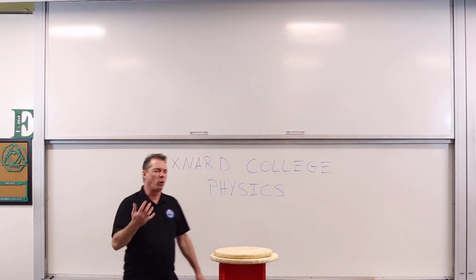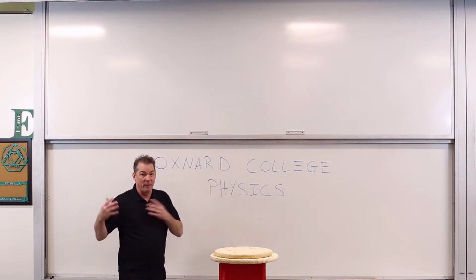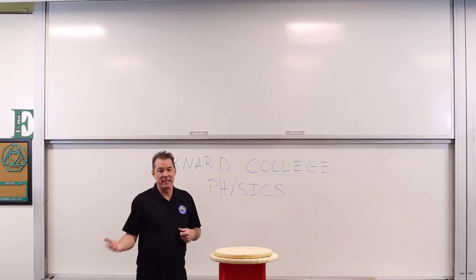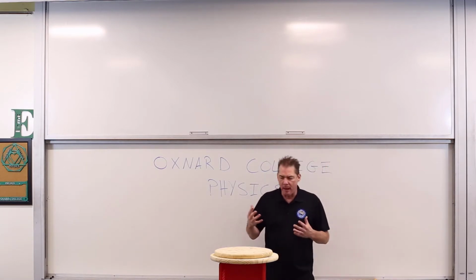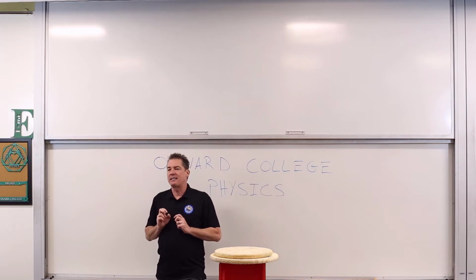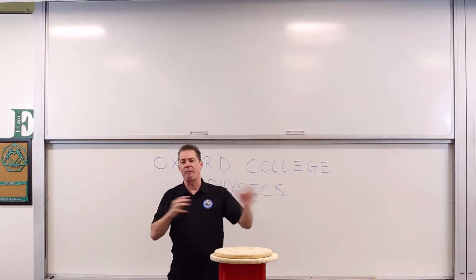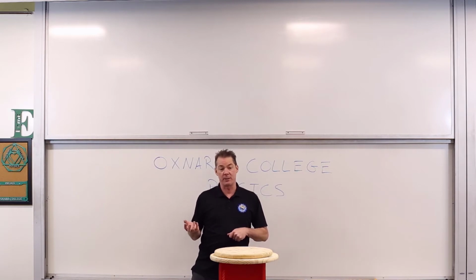Center of mass is ultimately like an average value of the position of an object weighted by its mass. That sounds a little confusing, but ultimately it's a matter of breaking an object into individual mass elements and saying what is the position of the average of all those elements weighted by the mass of the individual elements themselves.